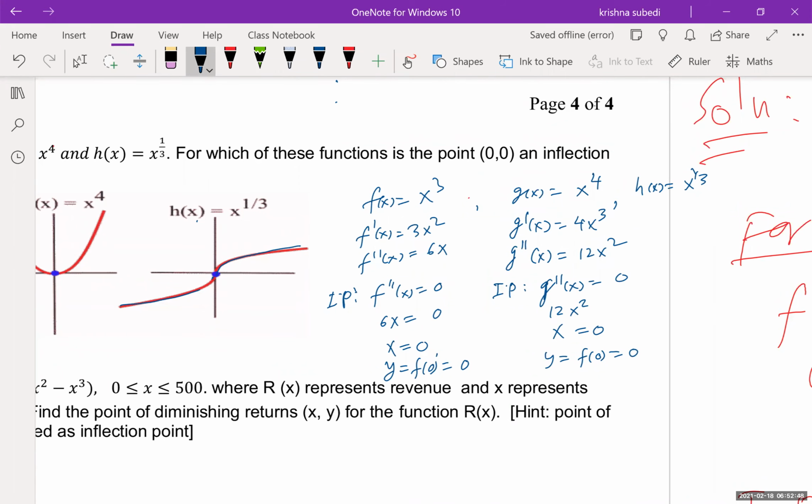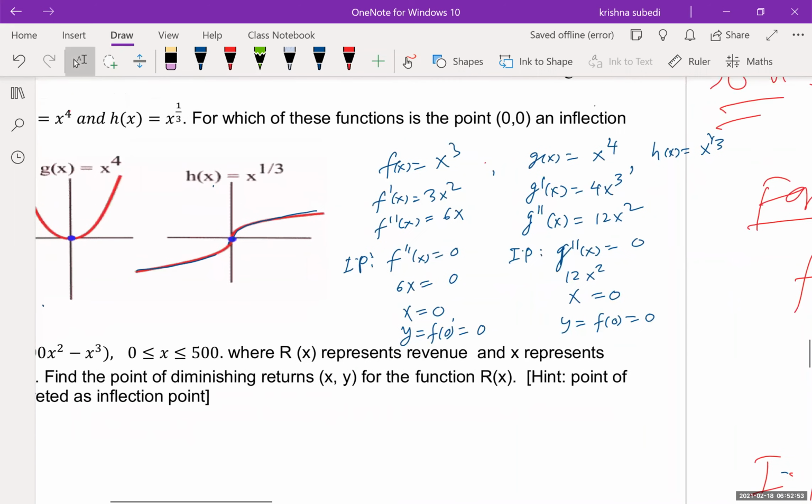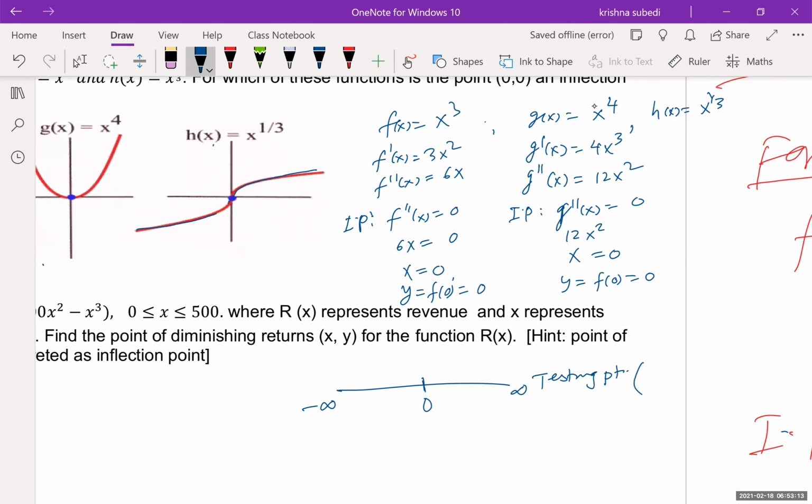Now, for the first one, let us look at what happens. If 0 is here, you have negative infinity to infinity, and the testing points would be, let's say, -1 and 1.